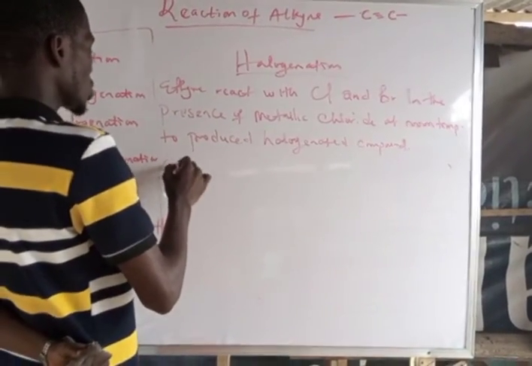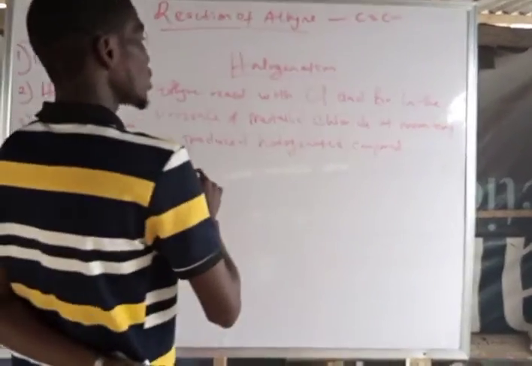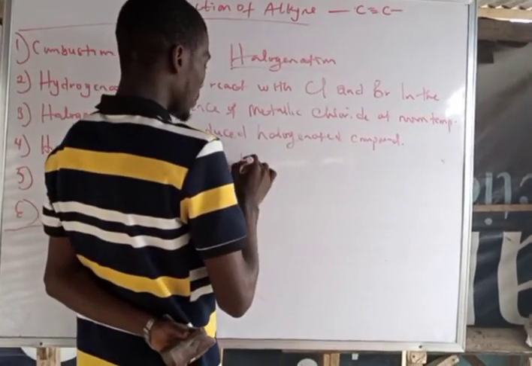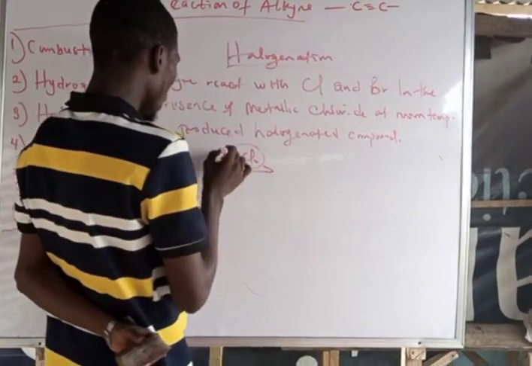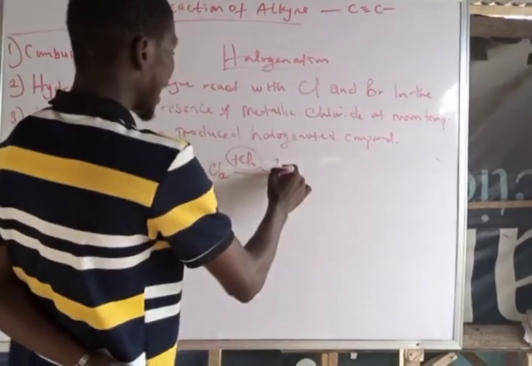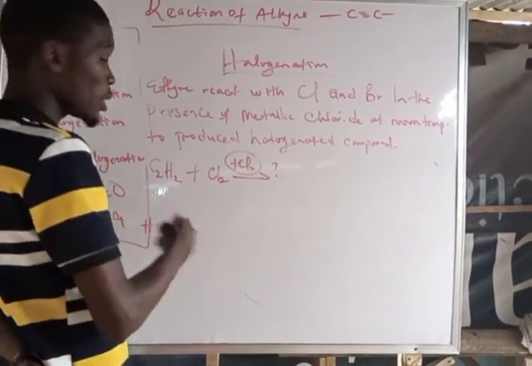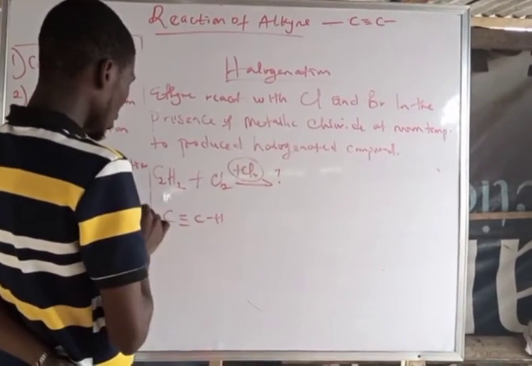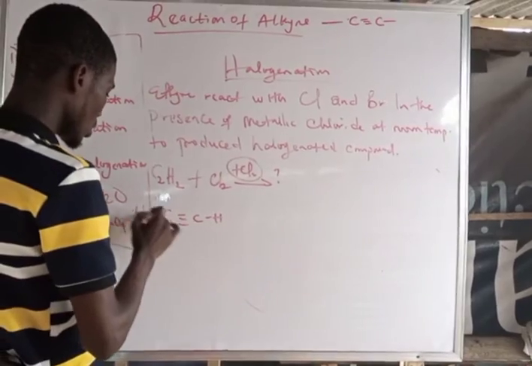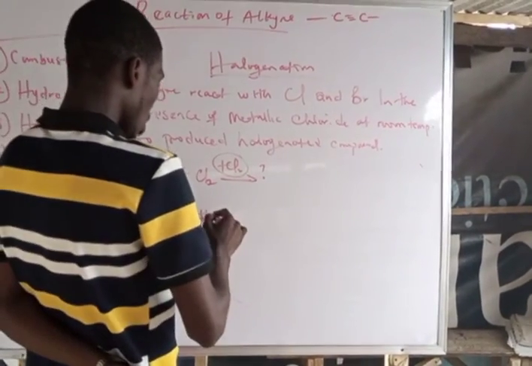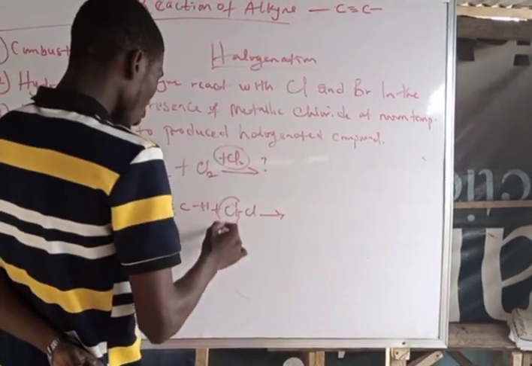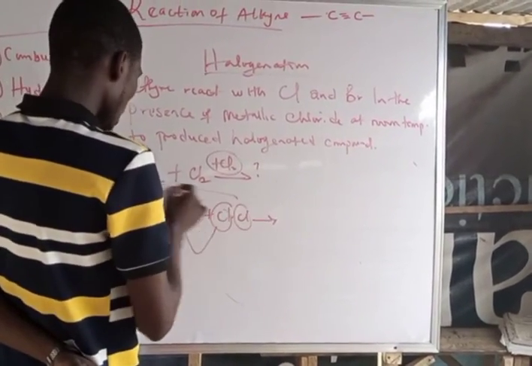So now let's take the first one. We have C2H2 plus chlorine gas. So I can just say like, because we're adding 2 of this chlorine to this, and with that I don't know the product. So let's show the structural formula of that. I have this triple bond, 1 hydrogen, the second one. So now plus 2 chlorine. So one of this here will move here, one of this here will move here.